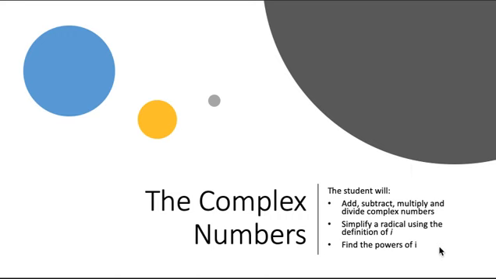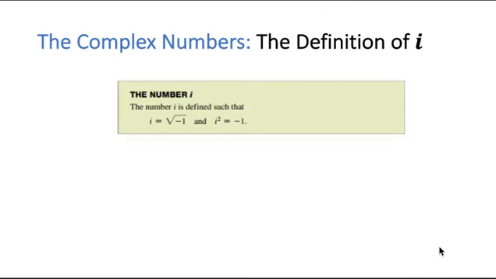Okay, so to begin with, what we need to do is define i. So the definition of i is going to be equal to the square root of -1. Now remember, up to this point, when we went to find the square root of -1, we said that was undefined. And today what we're doing is we're defining that.